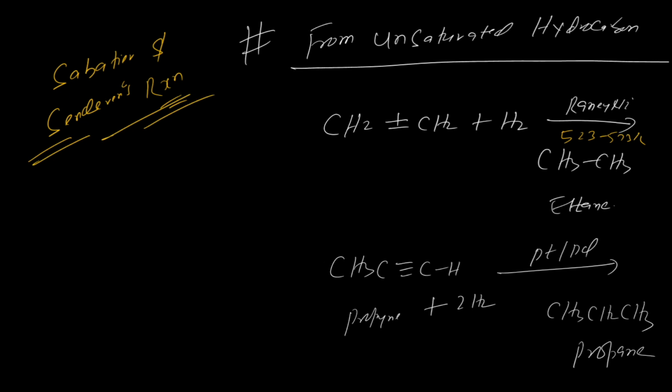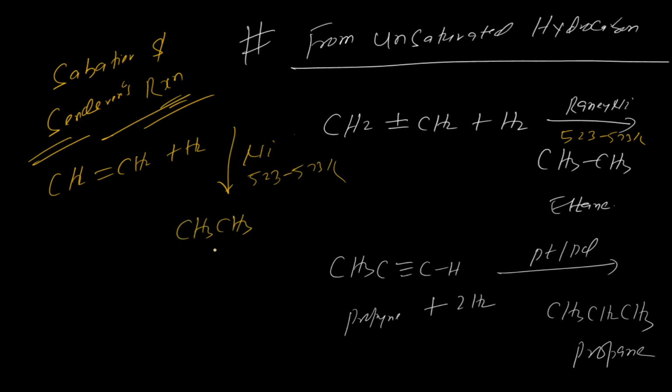So it is the reduction of alkene or alkyne with nickel. Here we will use only nickel. If we take the alkene, CH2 double bond CH2, plus hydrogen in the presence of nickel at 523 to 573 Kelvin, then it will form alkane, so ethane.